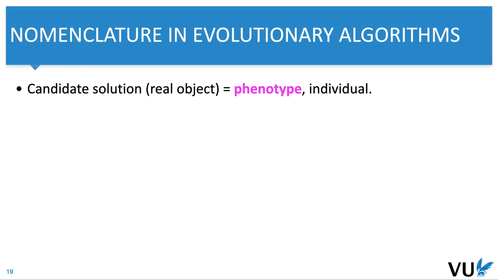A candidate solution, so a real object, is called a phenotype or an individual. During this course we will stick to candidate solution or individual, but sometimes you will hear phenotype, or you can also look into some books and you will see it.